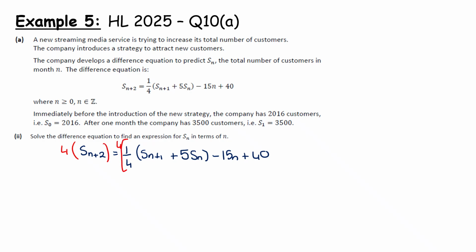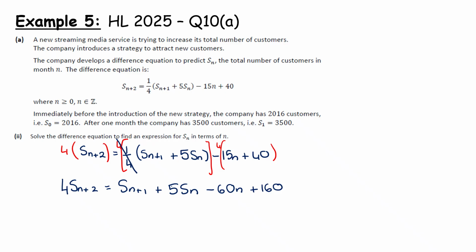We multiply here by 4, but don't forget you're also doing this by 4. So what that means is we get 4S(n+2) is equal to, that's gone, S(n+1) plus 5Sn, but we still have minus 60n plus 160. So just be careful not to forget to multiply those last two.